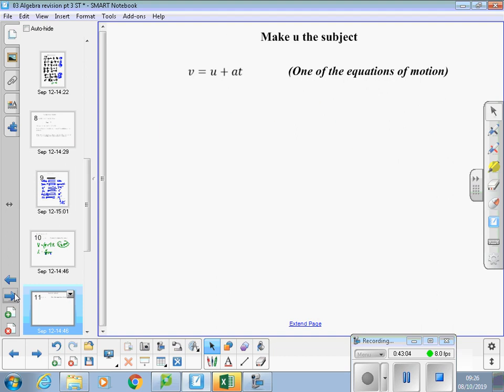Make U the subject. So this is one of Newton's equations of motion. V is equal to U plus AT. Make U the subject. Yeah, you can, because they're multiplied together, you can treat them together.